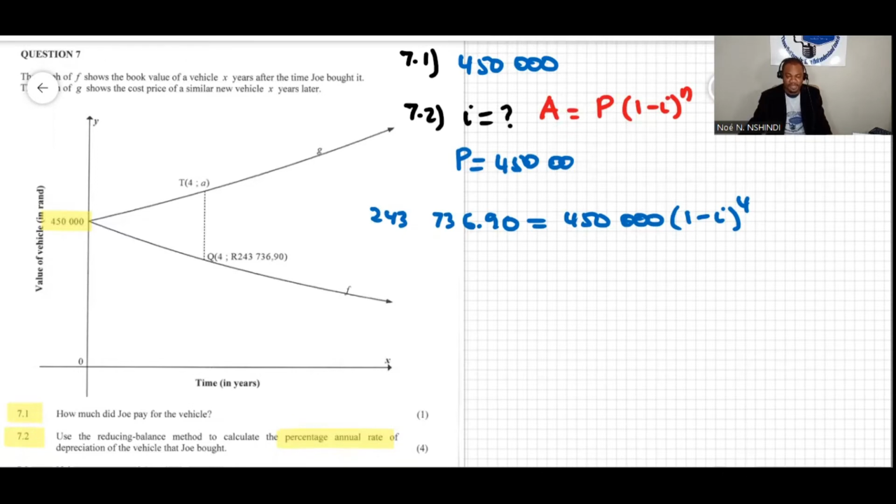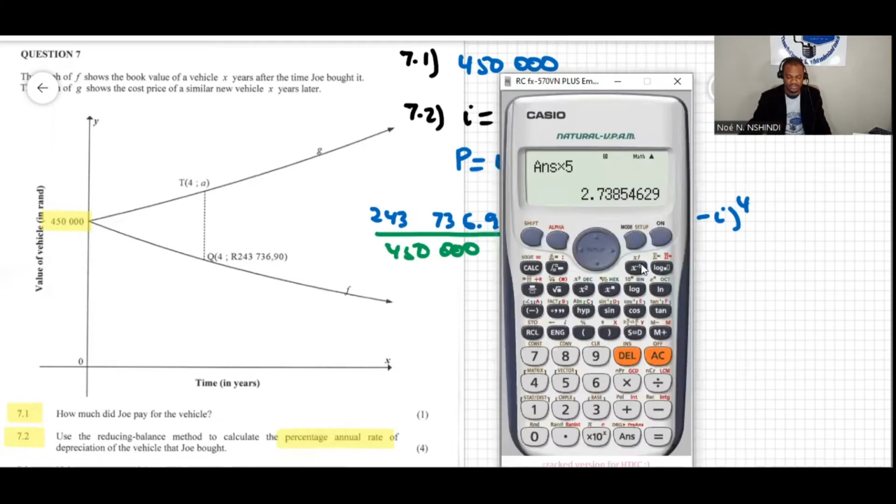Now, to work out I, we can get rid of the numbers over here. I can just divide by 450,000, and divide also by 450,000 here.